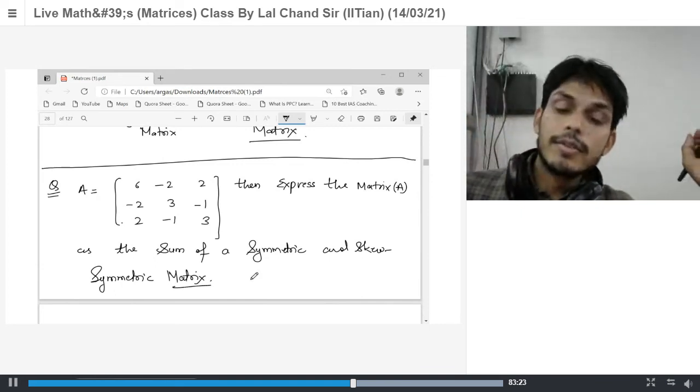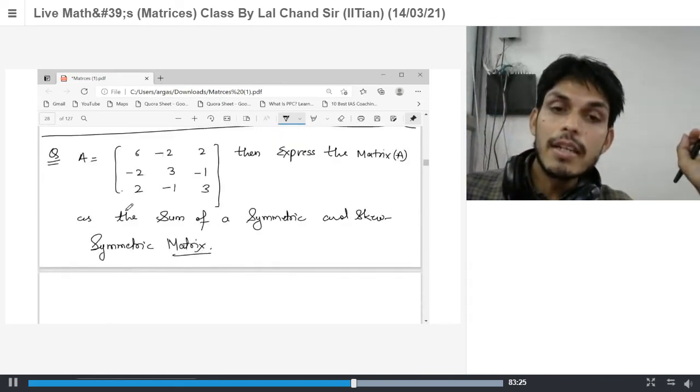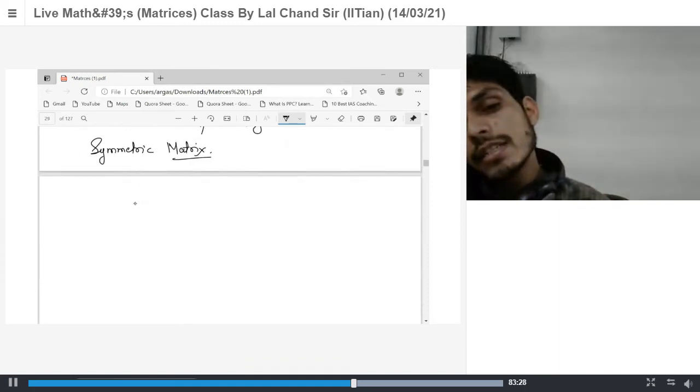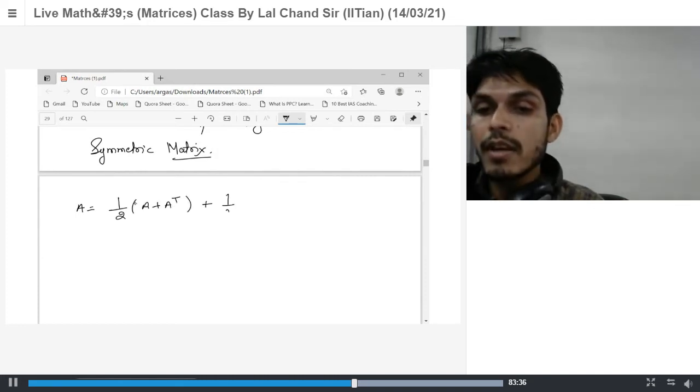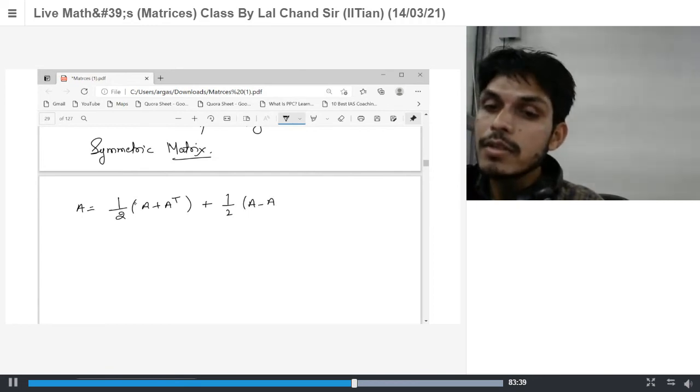Okay, so I have this matrix as A. If I express A as a sum of symmetric and skew symmetric parts, I would have to write half of A plus A transpose and half of A minus A transpose, isn't it?